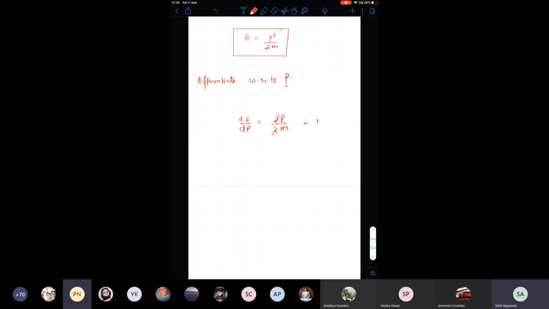Okay. तो ये हो गया p by m, and p by m will be v. Any doubt in this? V means dx by dt, change in position per unit time.